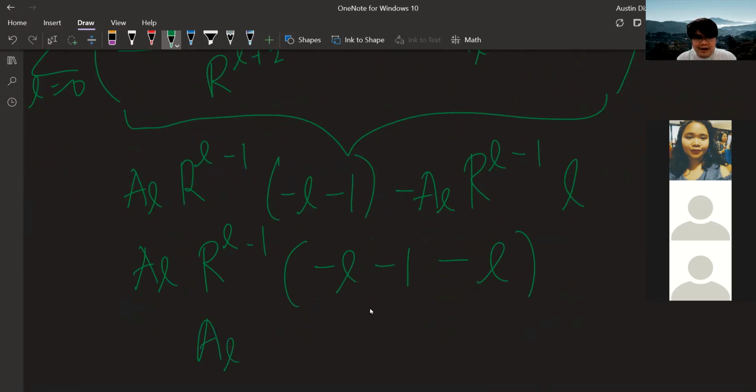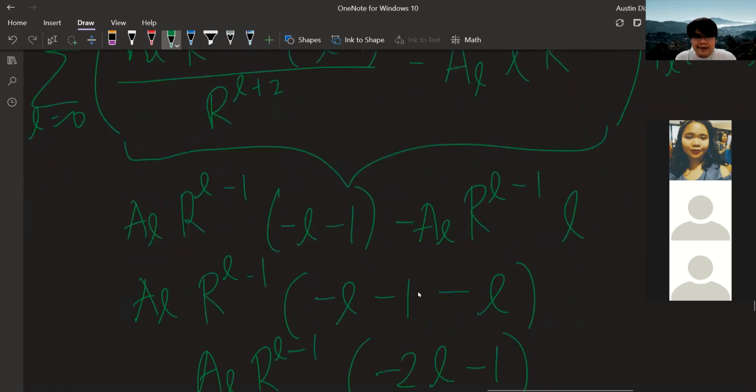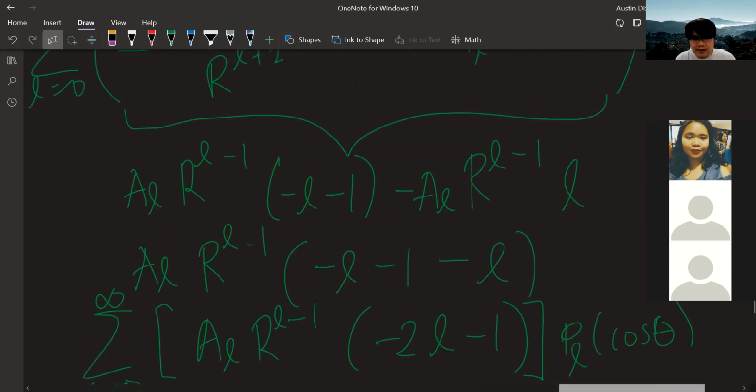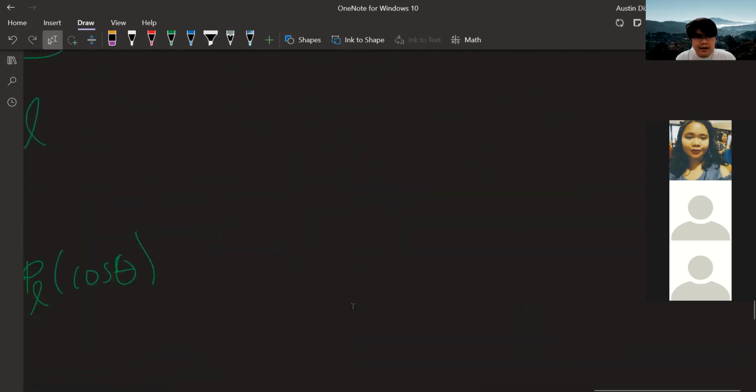So this is A_l R raised to l minus 1 times negative 2l minus 1. Tama. And then write down ko na yung mga nasa gilid. P_l cosine theta. And then the other side is, of course, ganun pa rin.